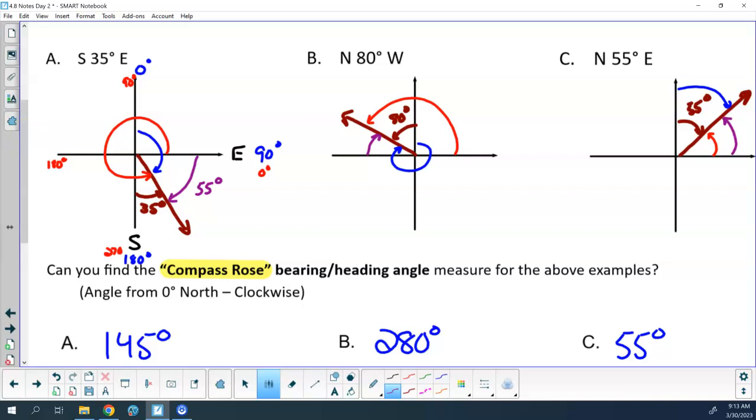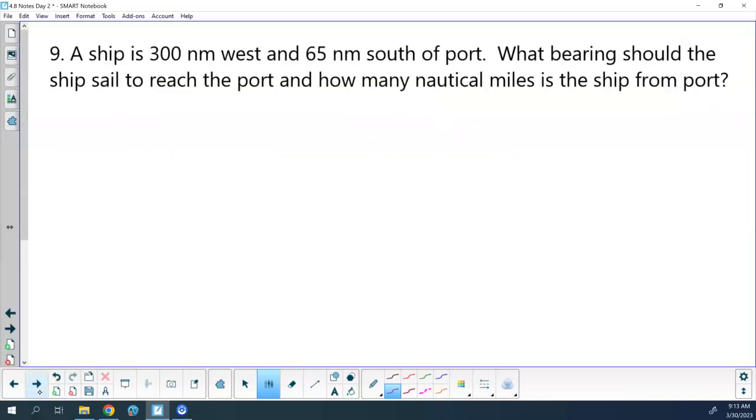Okay. Let's put these to work now. I believe it should be the next page. It should be a flip. Ship is 300 nautical miles west and 65 nautical miles south of port. What bearings should the ship sail to reach the port, and how many nautical miles is the ship from port? Okay. So our ship is west, so I'm going to put my port over here.